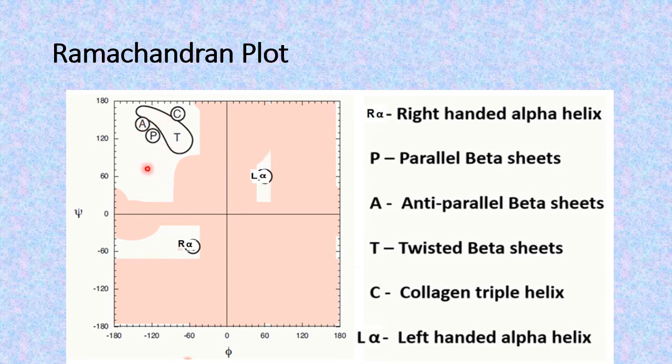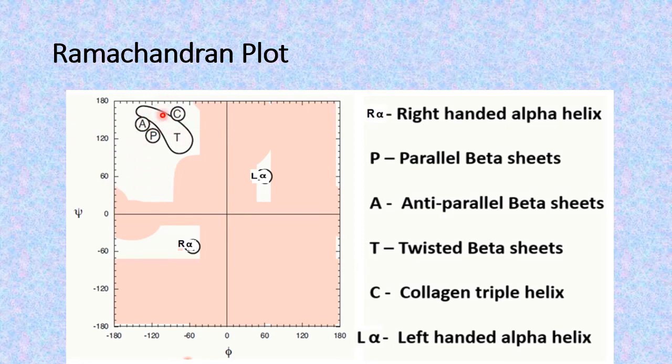So the beta sheet structure, whether the parallel beta sheet, the anti-parallel beta sheet, or the twisted beta sheet structures, and even the collagen triple helix, these various secondary structures of protein are favored when phi has a negative value, while the psi angle has a positive value.